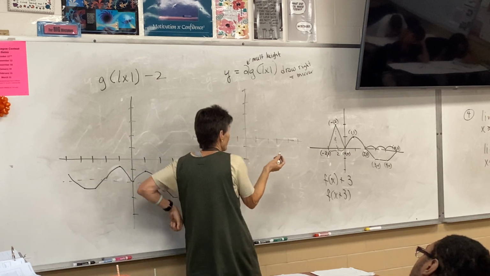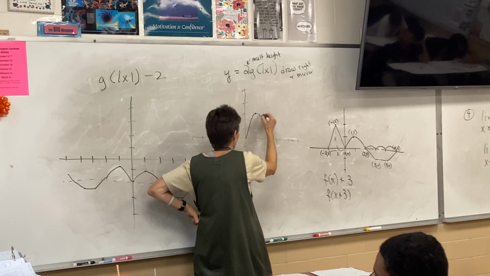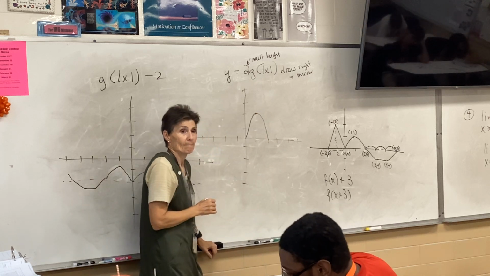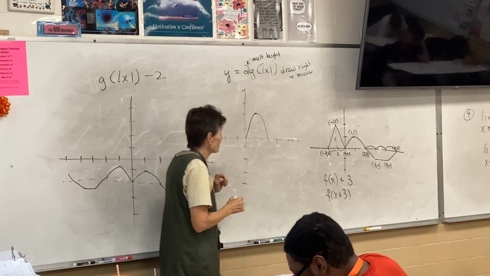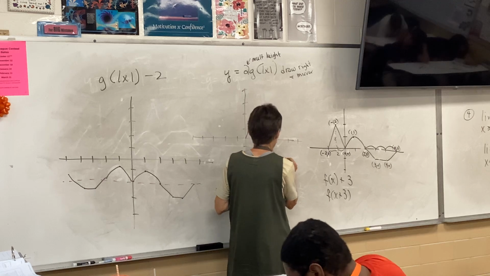So when I draw my right side, will my semicircle go all the way up to 2? And my trapezoid will go all the way down to 2?